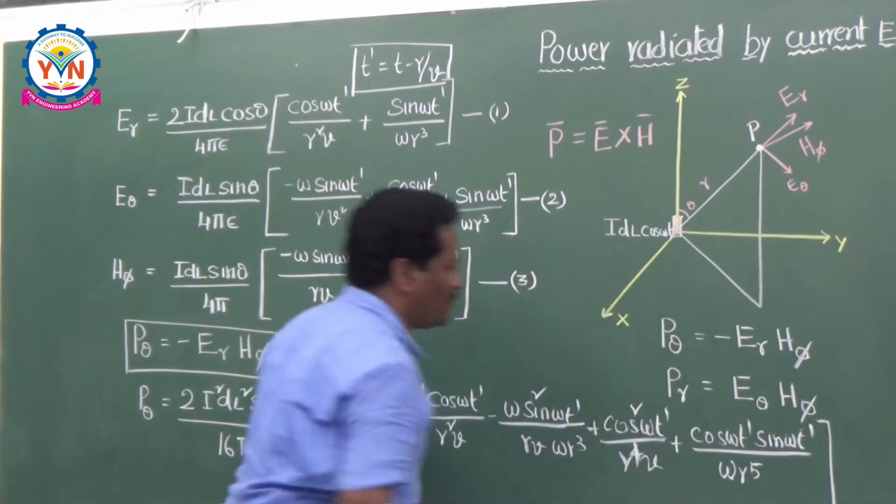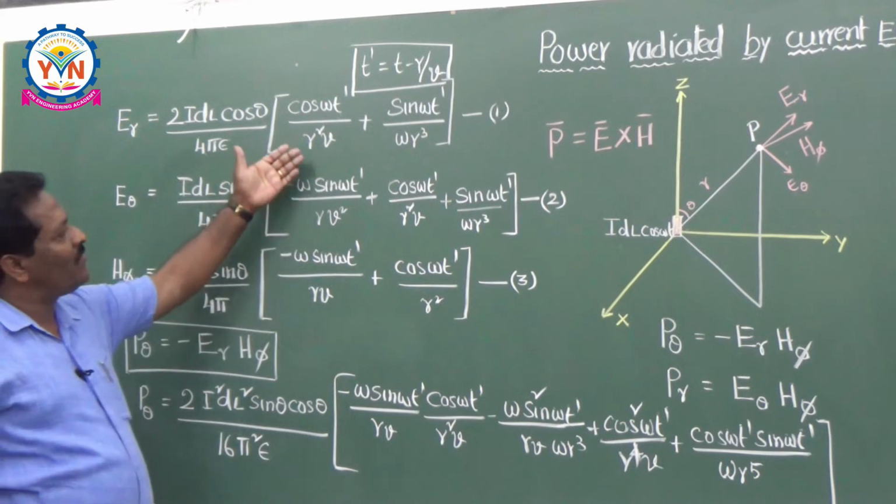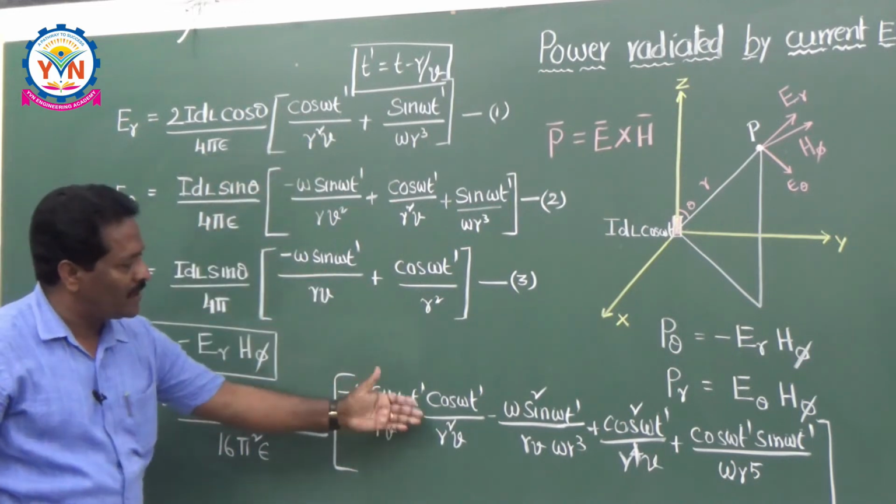This is r to the power of 5. Simple, I have multiplied equations 1 and 3, and you got it here.